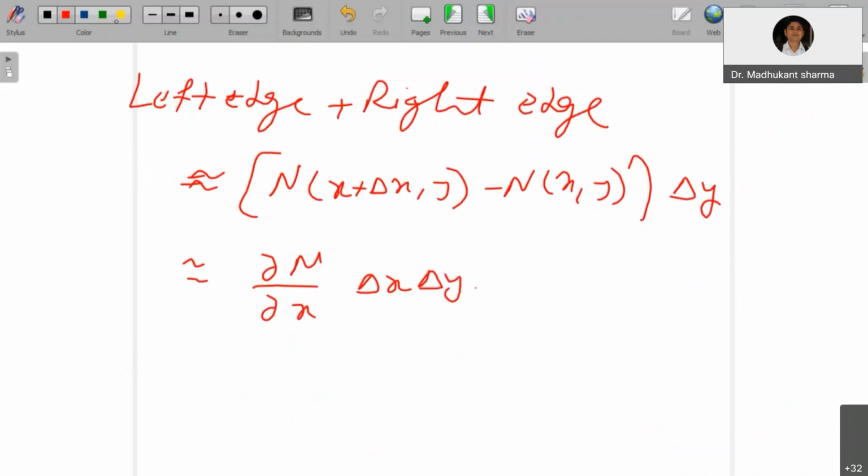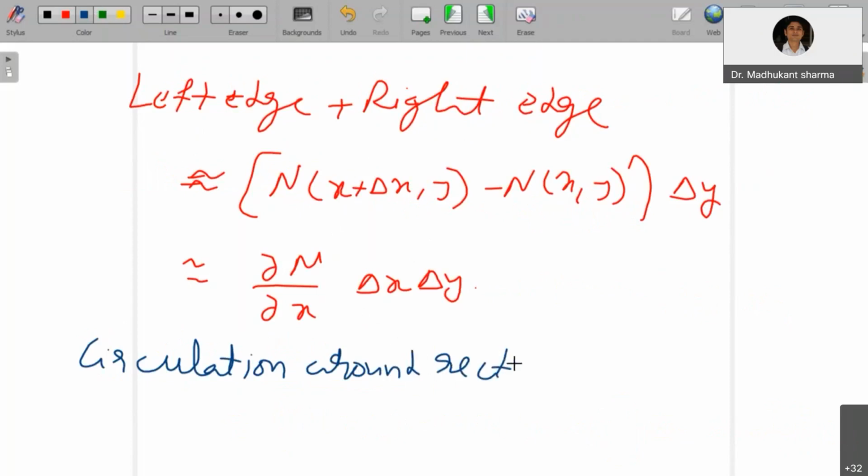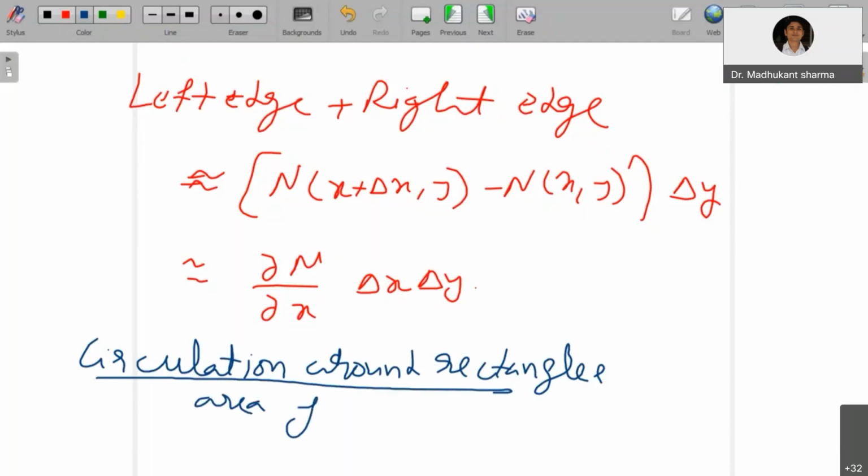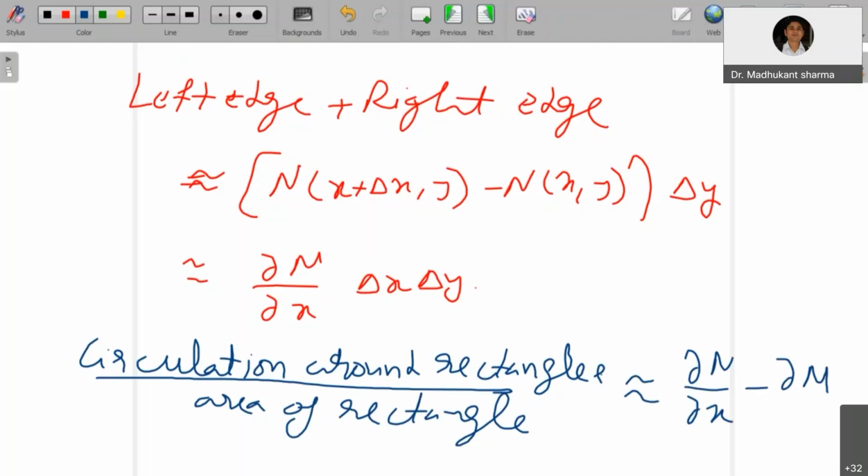So again, you can talk about it now per unit length. Now I'm defining circulation. The total circulation around the rectangle divided by the area of the rectangle is approximately, if you sum up, dou N by dou x minus dou M by dou y.